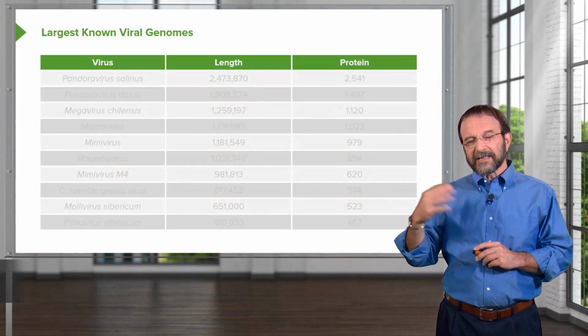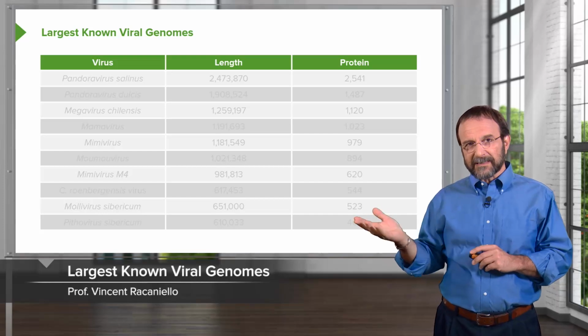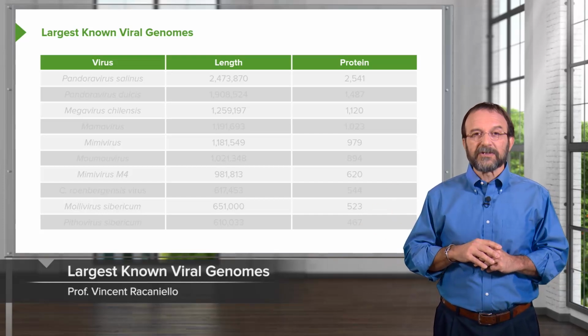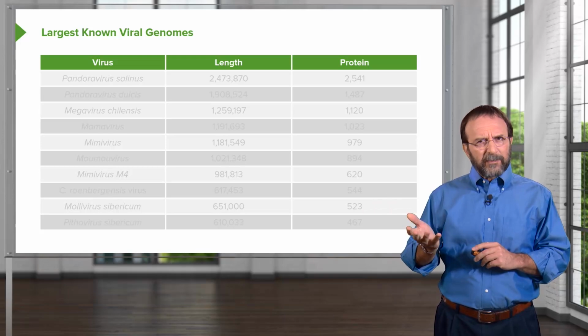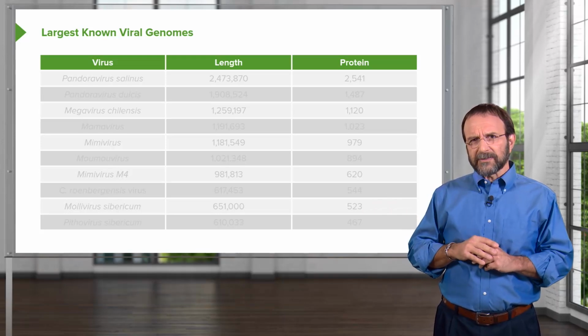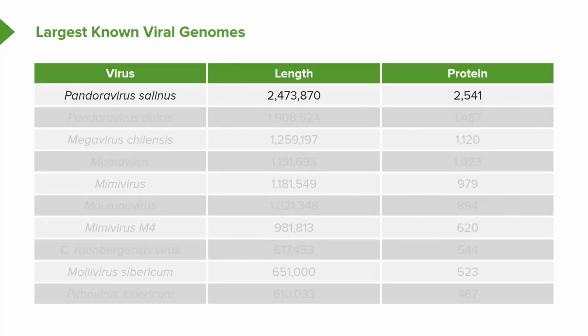Let's take a look at some of the extremes of viruses, the biggest and the smallest known virus genomes, just to give you an idea of how many nucleotides and proteins are in these. The biggest virus genome identified to date is from a virus called Pandoravirus salinus. It's over 2.4 million base pairs of DNA long, and it encodes 2,541 proteins.